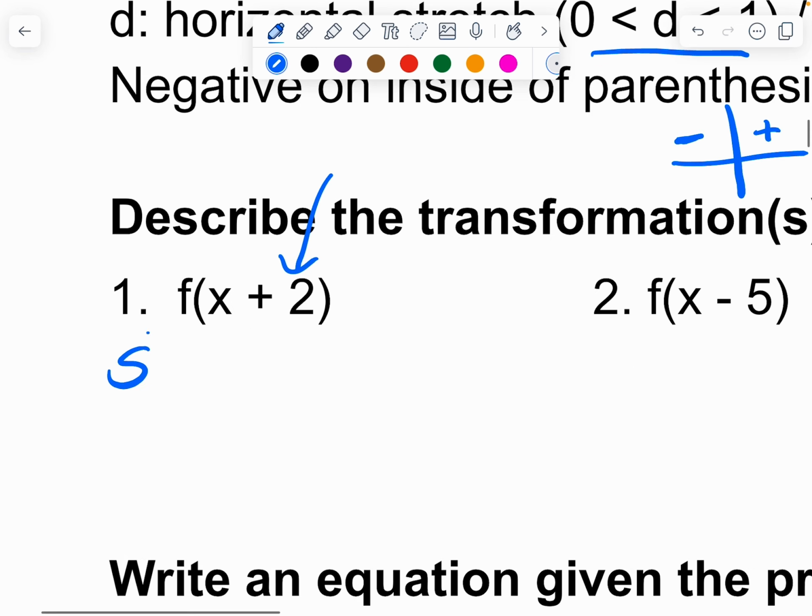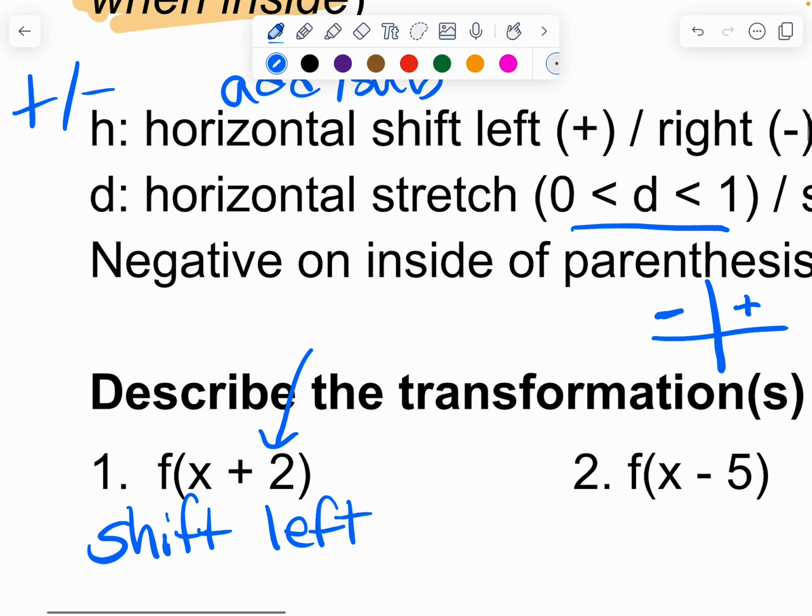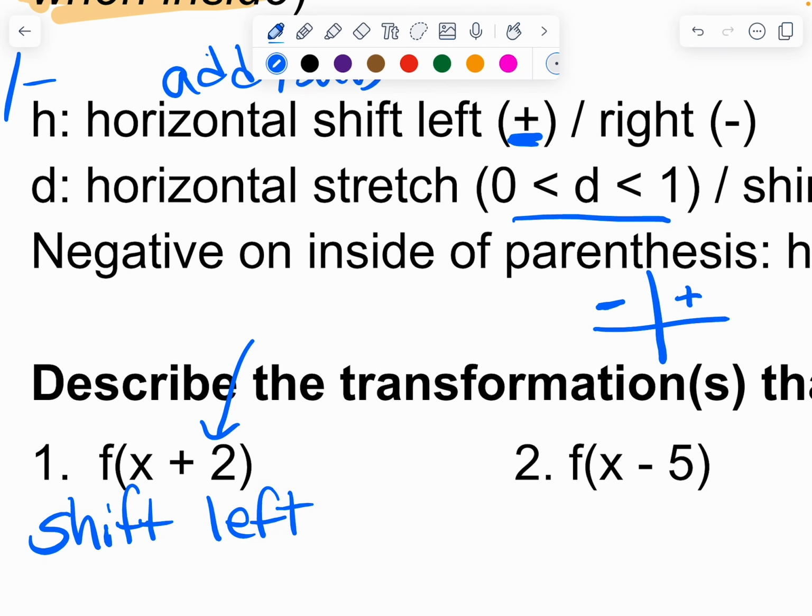So this is going to shift, and that's going to go left. People are like, what? Right here, it says if it's a plus sign, it's going to go left. Over here, this is also going to shift because we have subtraction. So that's going to shift right.